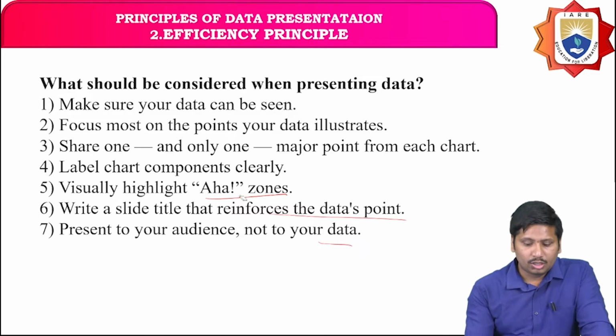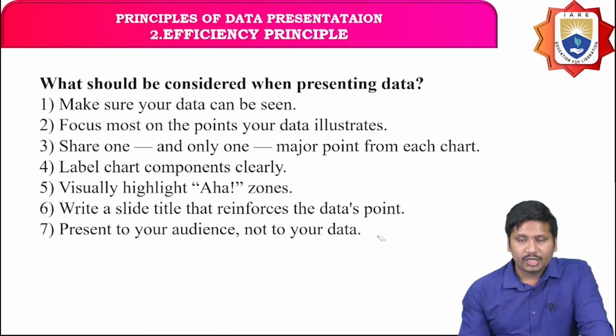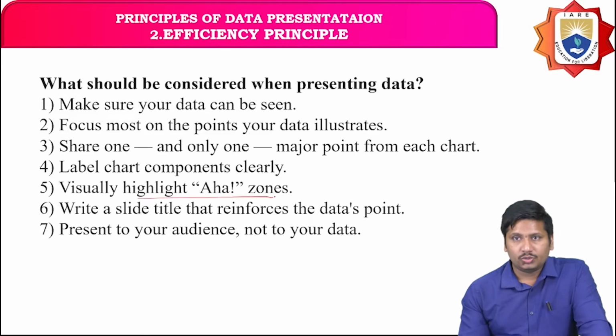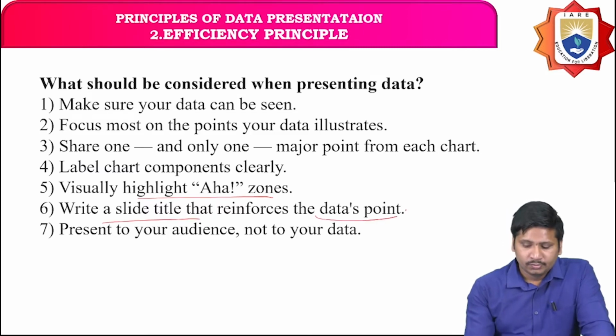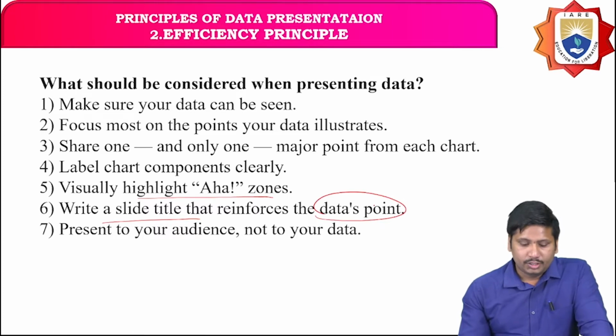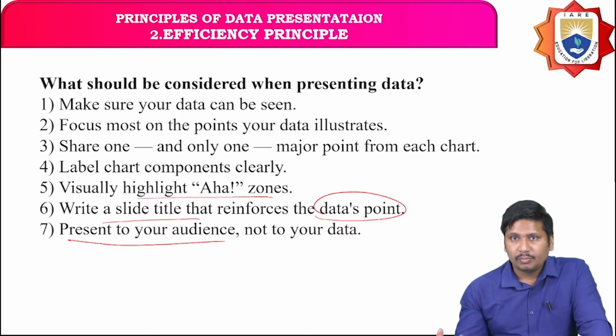Label all the chart components very clearly and easily, visualize and highlight the aha zones you have, and write the slide title so that it enforces the data point, and present to your audience, not your data. The presentation should be about the audience, not the data.